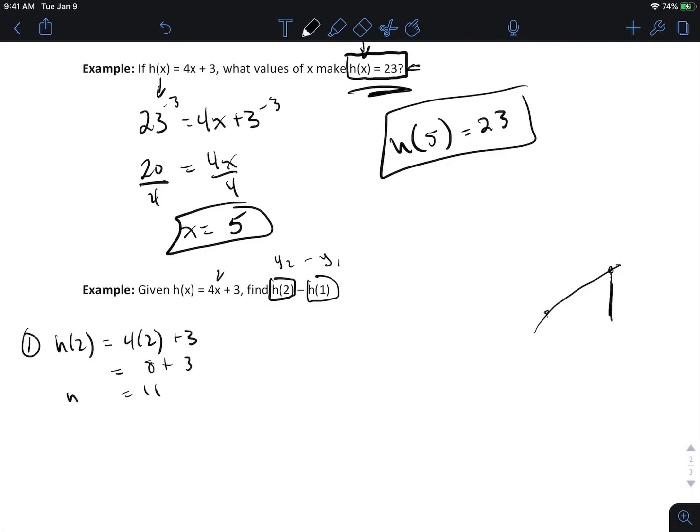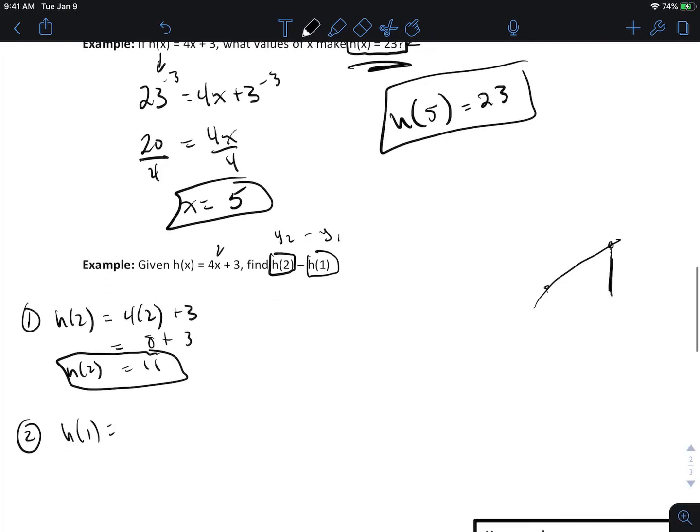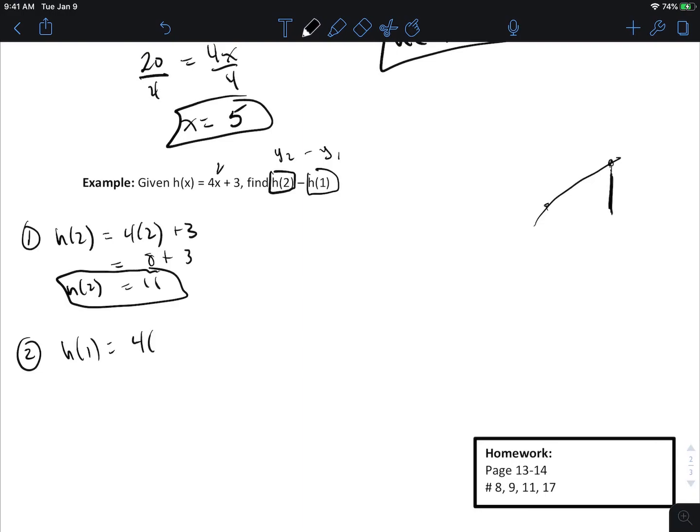So h at 2 equals 11, right? And I'm going to do the same thing for the second one. I want to find the value of the function when x equals 1. So h at 1 is equal to 4 times 1 plus 3, which is 4 plus 3, which is 7, right?